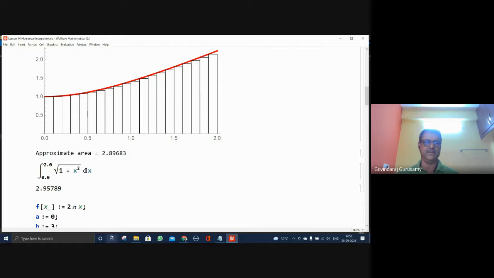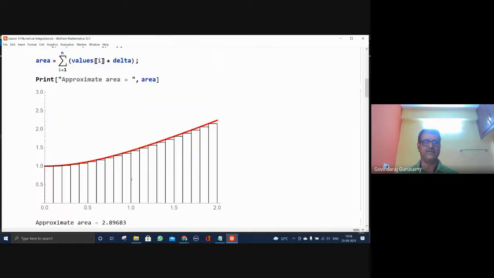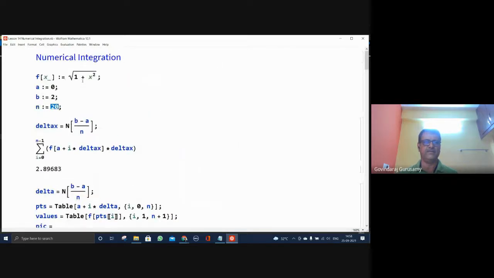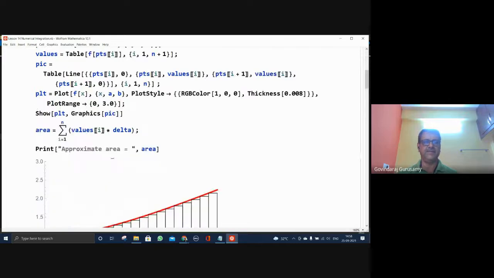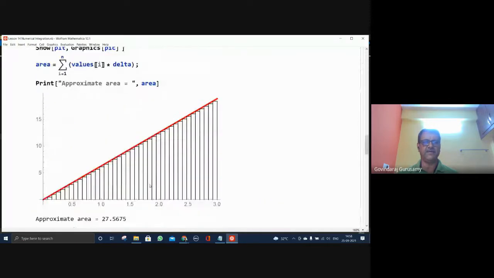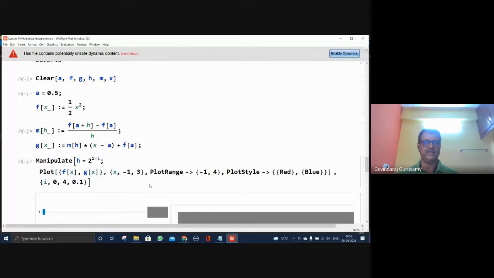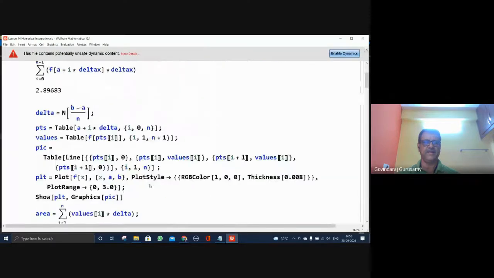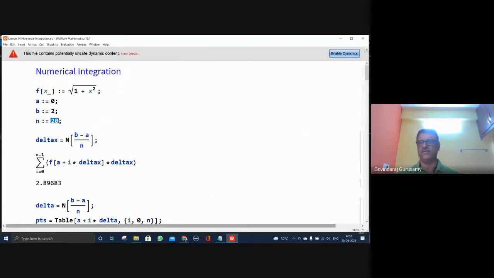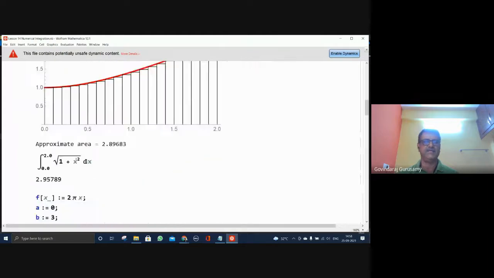Sum, that is the area. So the approximate area is this, and the actual area is this. There is a difference. This is 1 plus x square root of y. You copy and paste, go to the other function. You don't have to do anything. Right? You follow what I'm saying? The whole thing has been made available to you. You just copy and paste, change the function.